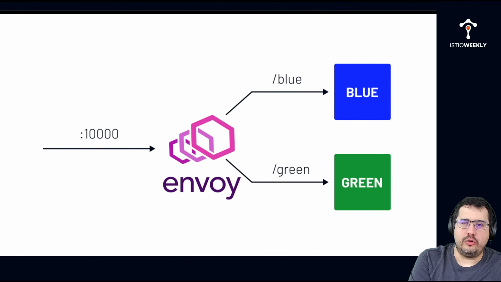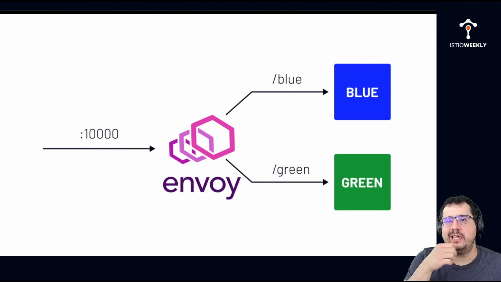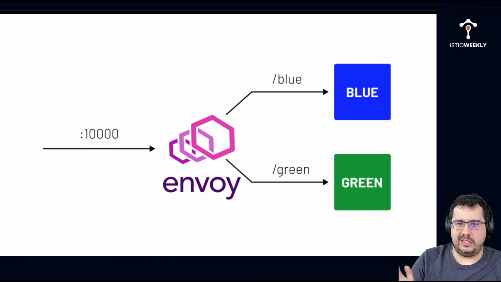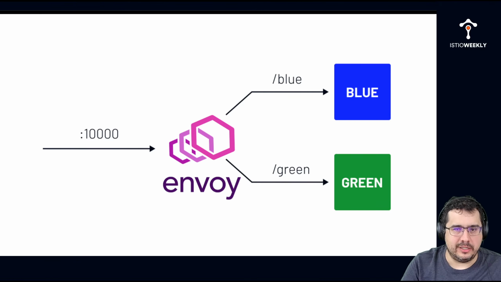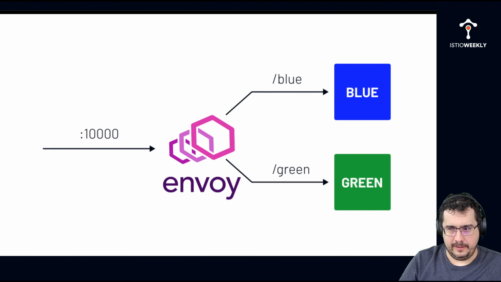Then I'll create the Envoy configuration that will route all the requests that are sent to /blue path to the blue application, and anything sent to /green, it will route to the green application. Now the Envoy proxy that I'll have will be listening on port 10,000. And just for simplicity's sake, both the demo applications as well as the proxy will be running on the same machine.